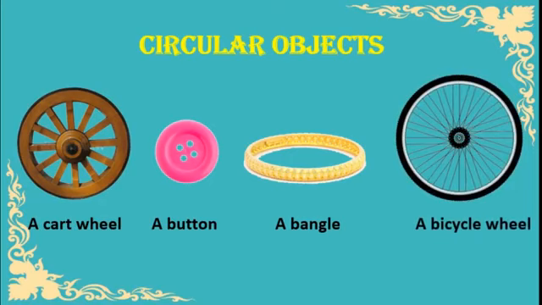This is a bicycle wheel. Yes students, the shape of all these objects is called circular shape. In normal language we say round in shape, but in mathematical language we say circle or circular shape. Got that?